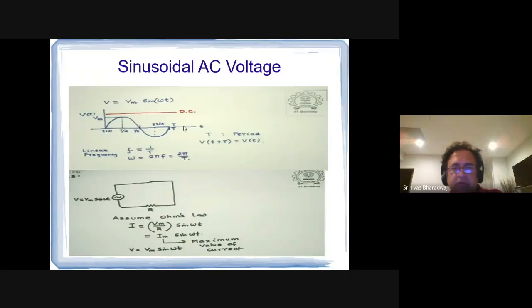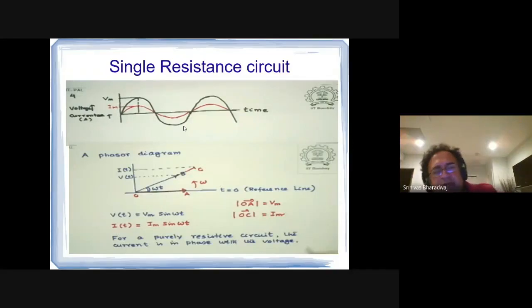Now, I equals V by R sine omega t, right? All of these are like a resistive element.